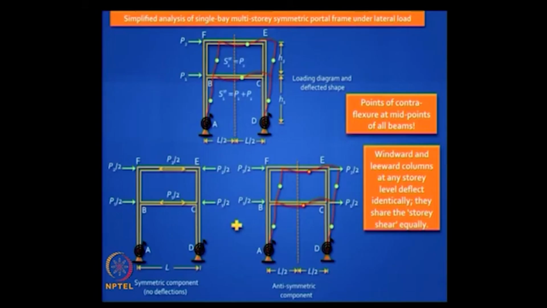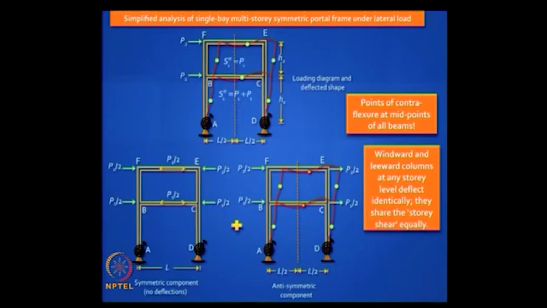The other point that is obvious is because the two columns at any story deflect identically, they will have the same shear force and bending moment diagrams, and so the story shear at any story level, considering cantilever action of that frame, must be shared equally by the two columns.